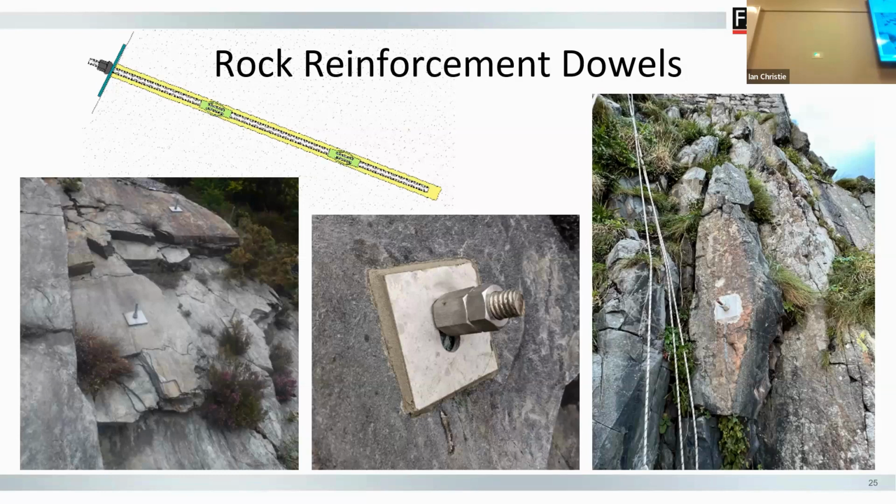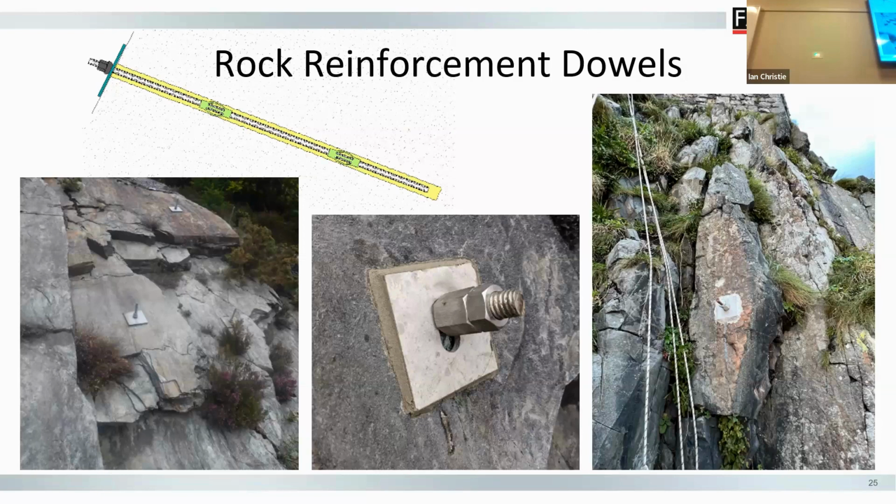I'll come on to active anchors next, but just quickly. Depending on what angle you put reinforcement dowels in, the two main properties are the shear strength of the bar, and you can choose that by increasing your steel grade or the diameter of the bar, and the pull-out resistance of the bar. And again, you can increase that by varying the length that you design that anchor to.